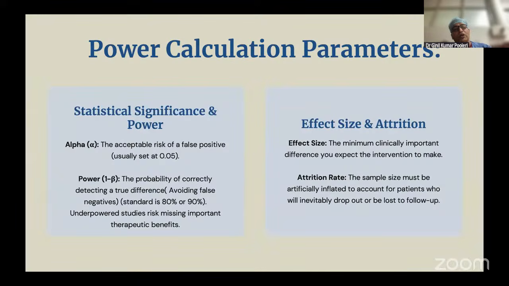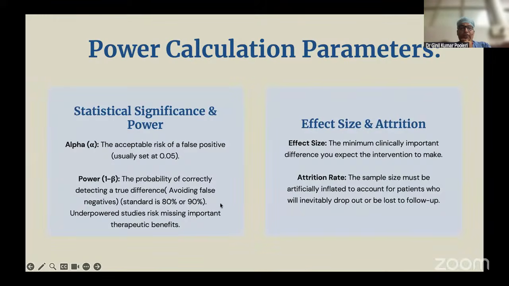And a little bit about the power calculation. If you're planning a study, the two most important aspects are significance and power.